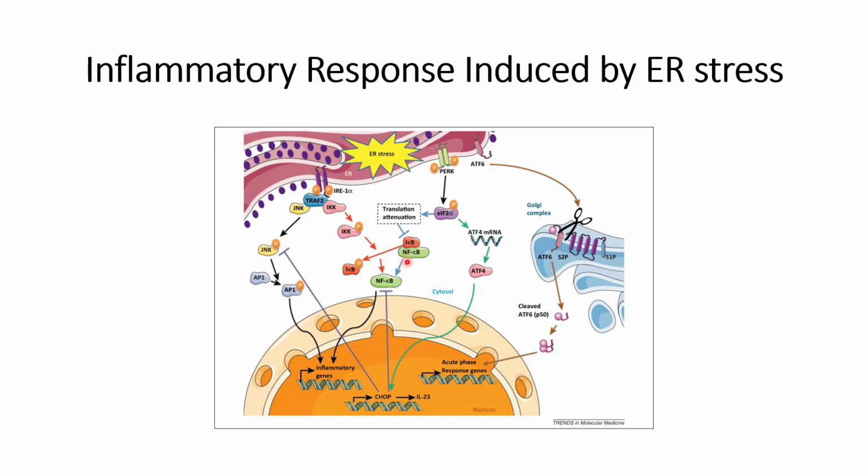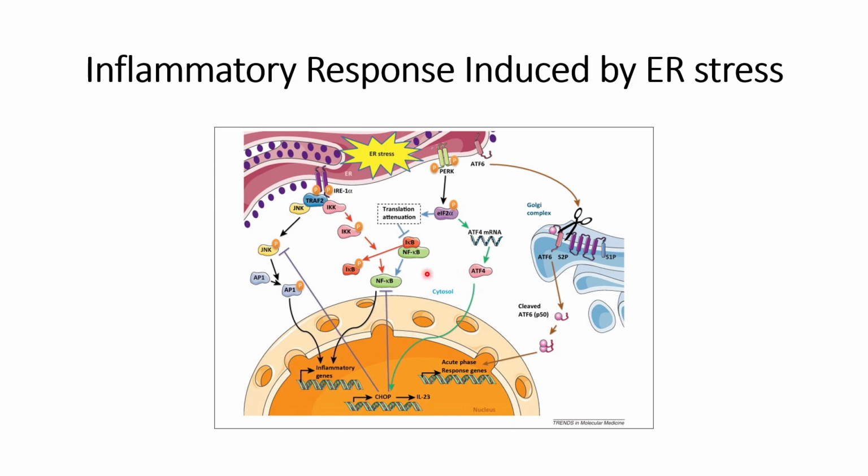This leads to more nuclear factor kappa beta in a free condition, and more free nuclear factor kappa beta will lead to transport into the nucleus, and then activate the inflammatory genes.